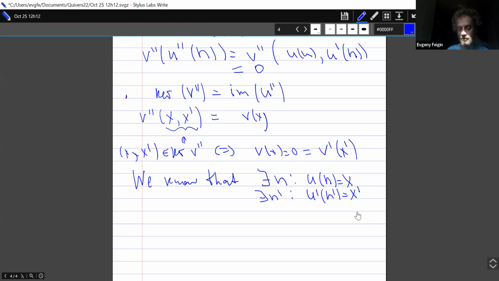We have to cook up from two elements n and n prime one single element, which is mapped to the pair x, x prime, but we don't actually insist on the pair itself. We are happy with any element from the same class in this quotient. But none of the elements n and n prime work in general. So what elements should we take?